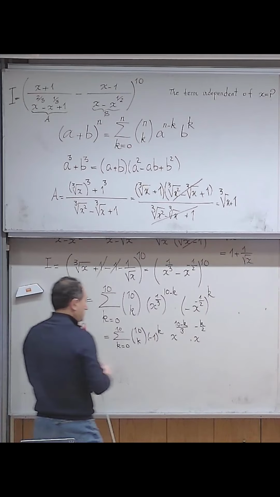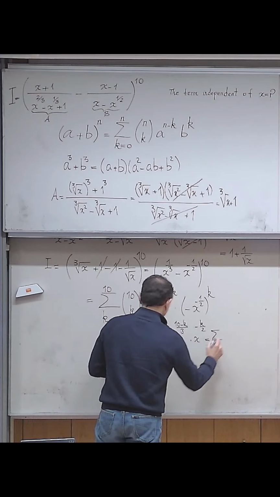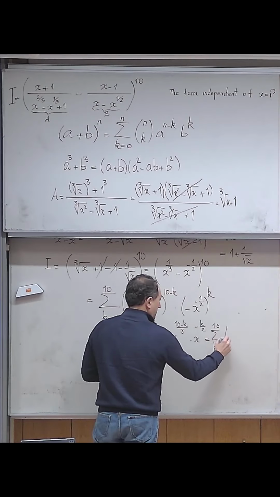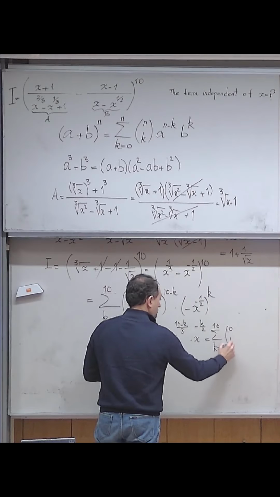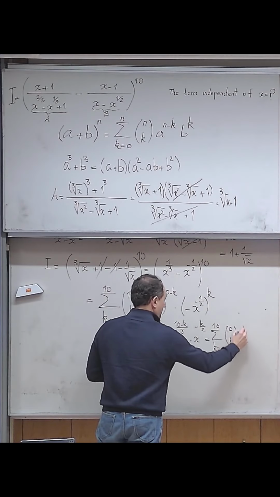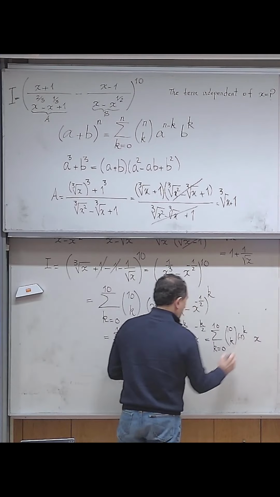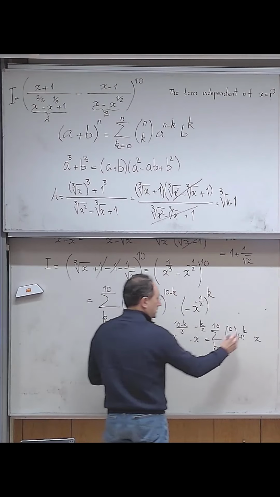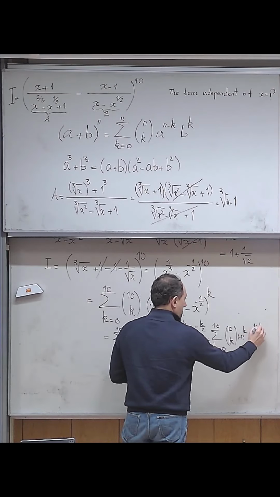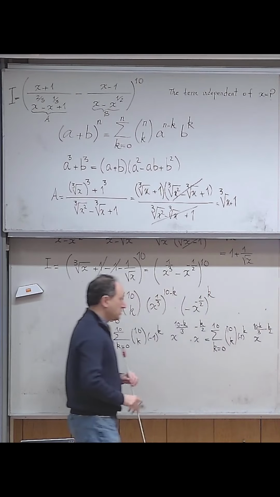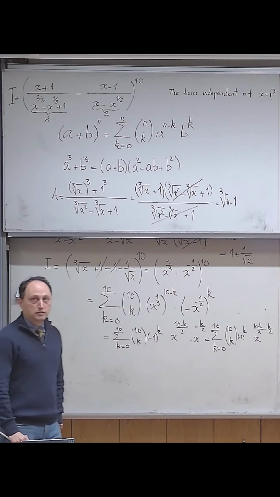But if I continue one more step, so this is from 0 to 10, 10 choose k, minus 1 to power k. Then because the bases are the same, I write the same base and I will add the exponents. So it becomes 10 minus k over 3 minus k over 2. So that is the formula for the expansion.